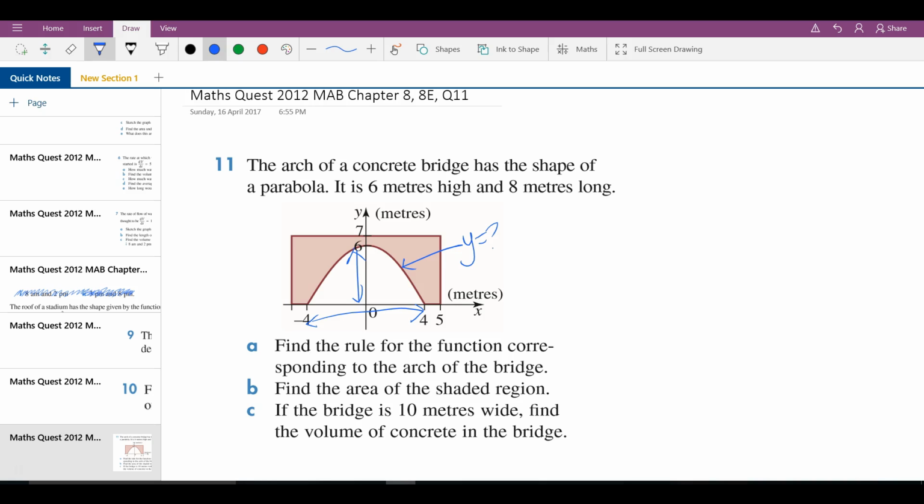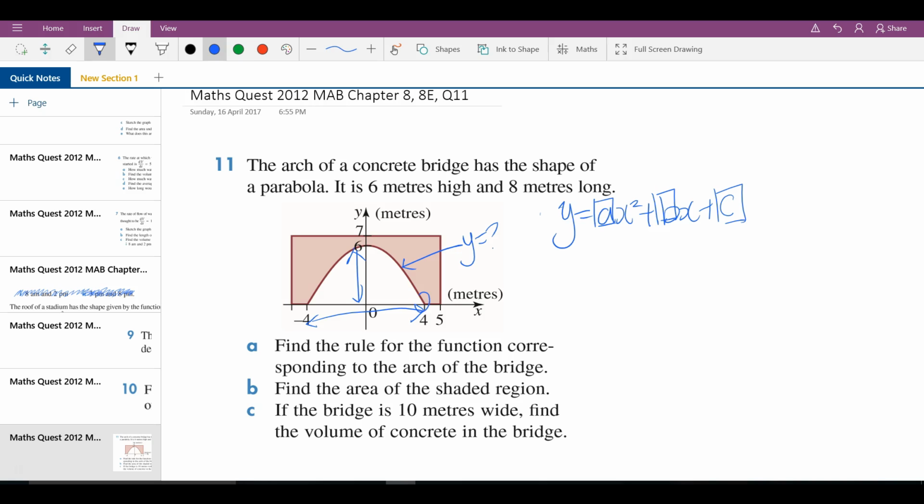Alright. So we know it is a parabola, and the standard form of a parabola is y equals ax squared plus bx plus c. So we have three variables, a, b, c. So we need three things to solve for those three variables.